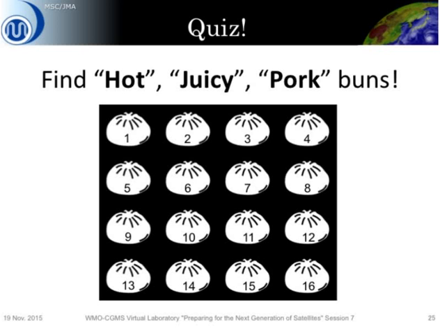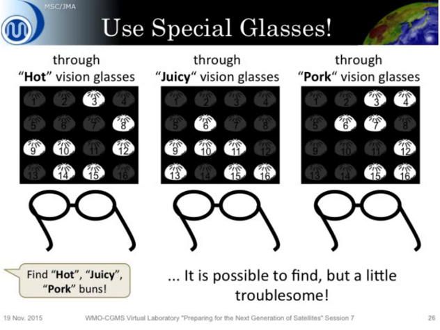Okay, now let's quiz. There are 16 bands. Find hot, juicy pork buns. Of course, you cannot find them only from this information. Now you can use these special glasses.